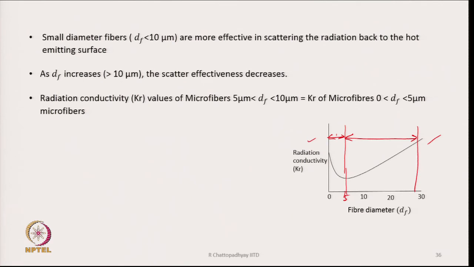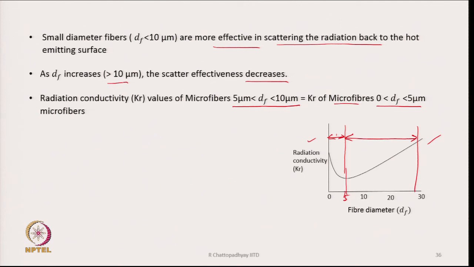Therefore, what is written here? Smaller diameter fibers are more effective in scattering the radiation back to the hot emitting surface. As the diameter of the fiber increases, the scatter effectiveness decreases. Radiation conductivity values of microfibers in the range of 5 micron to 10 micron are equal to the radiation conductivity of microfibers between 0 to 5 microns in this range.